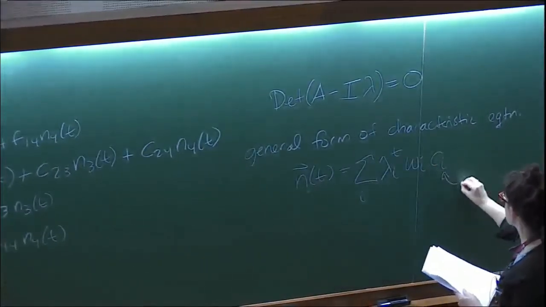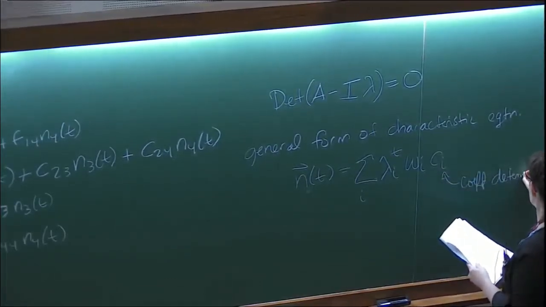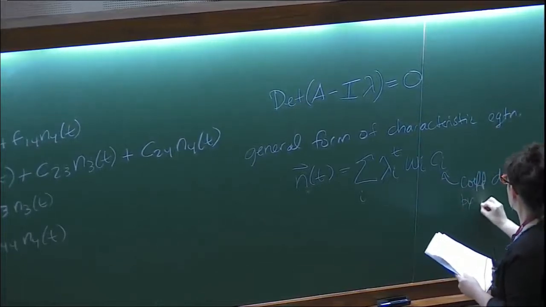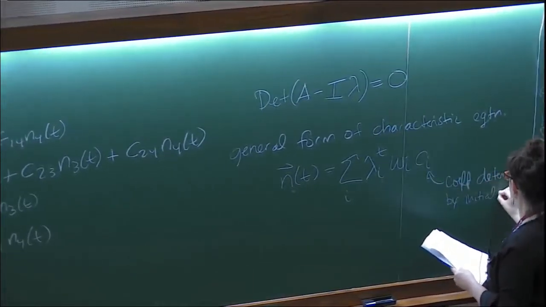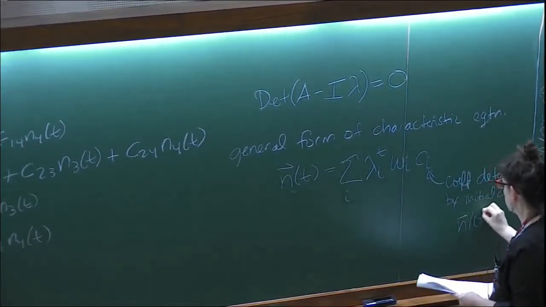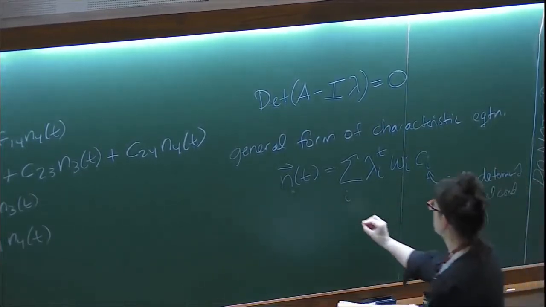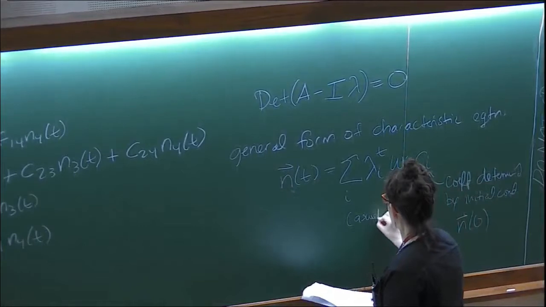These coefficients are determined by the initial conditions and the matrix, but they're functions of n at time 0. And this version of this equation is the version in Caswell's book, which I'm basing it on.